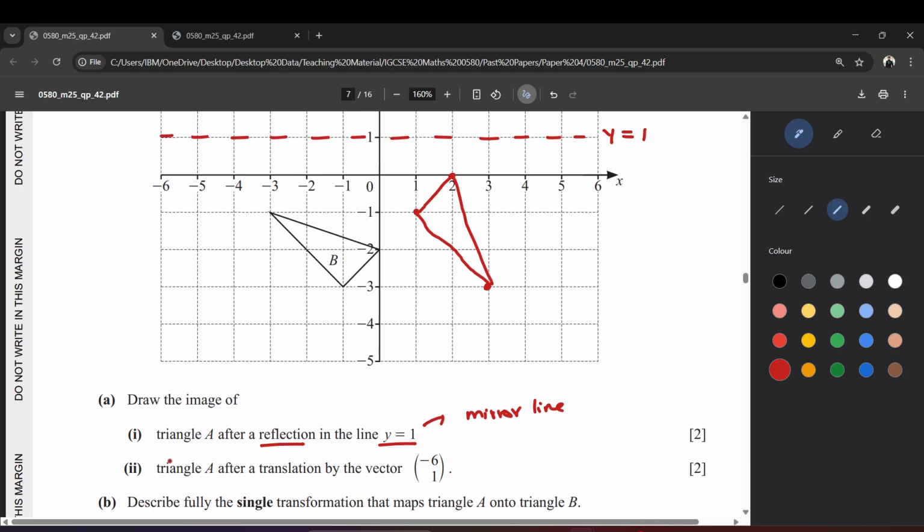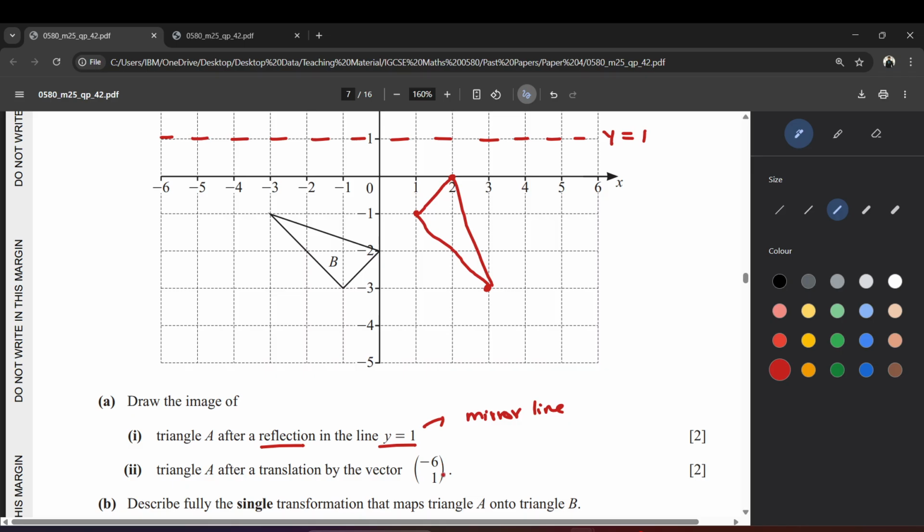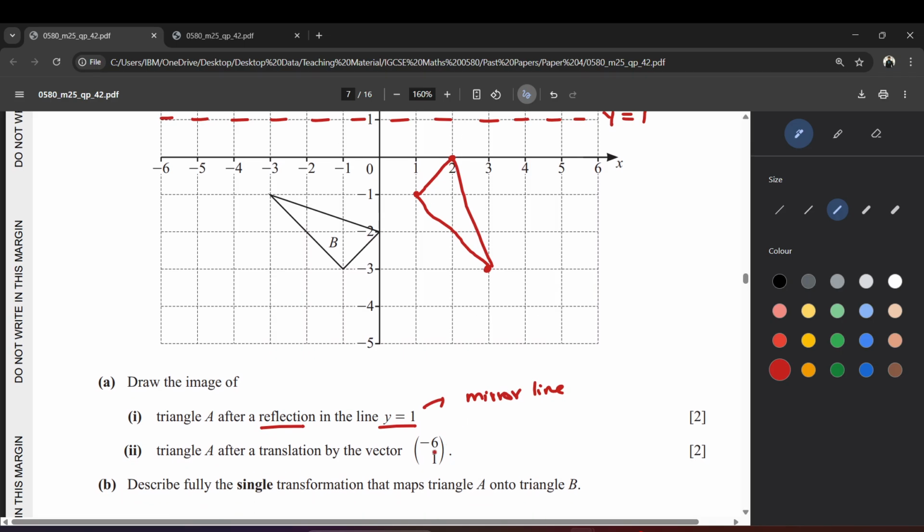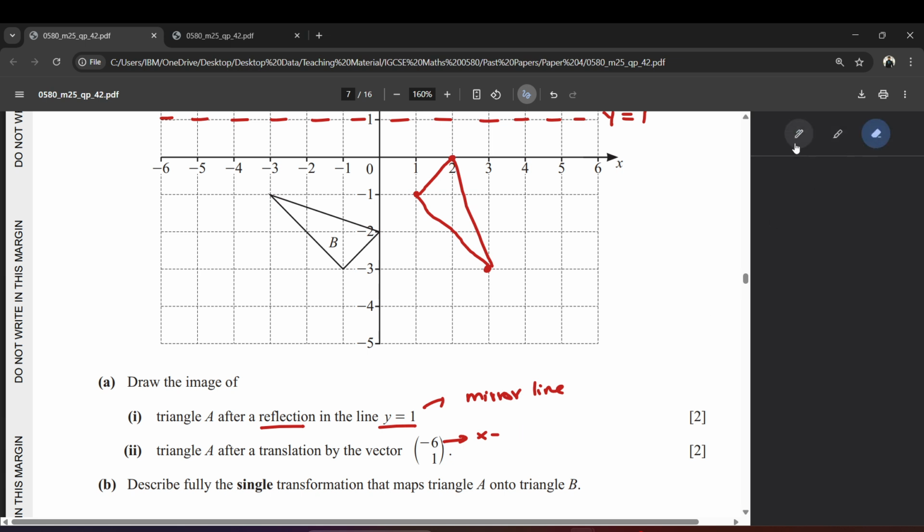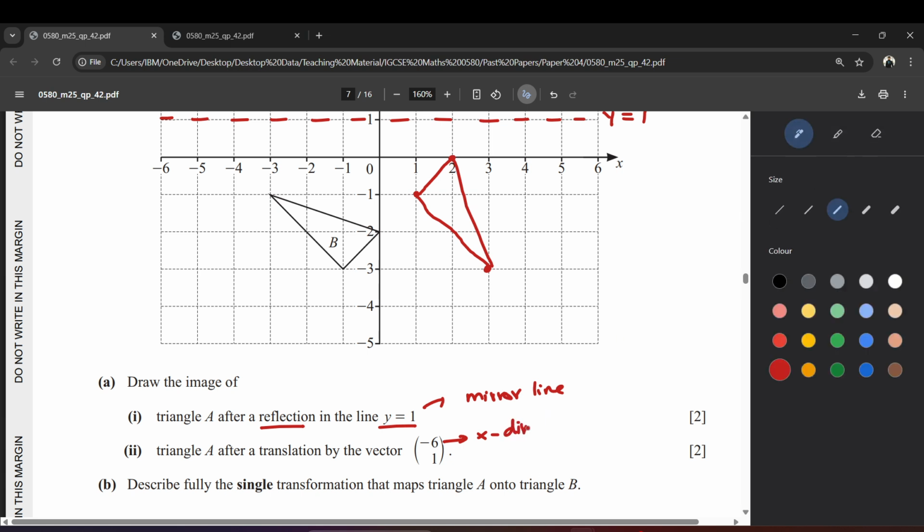Okay. Then it says triangle A after a translation by the vector (-6, 1). So this is a column vector, and the top part of the column vector represents how many units I have to move in the x direction. And the bottom part tells you how many units I have to move in the y direction.